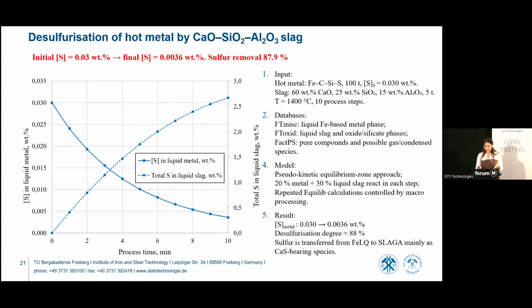But after the equilibrium calculation, the reacted part was mixed back with the remaining material. And the results show a clear sulfur transfer. The sulfur content of liquid metal decreases from 0.3 weight percent to 0.003 weight percent.